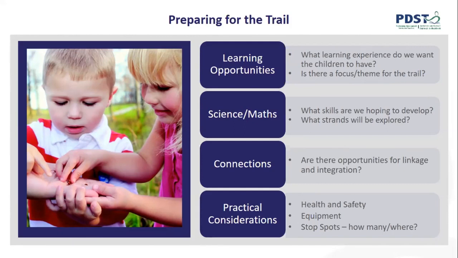Think about how each pod or group could begin at the different stop spots so that you are making the best use of your available space. Any equipment or resources used in the activities should comply with the school policy for COVID-19 and the school health and safety policy.